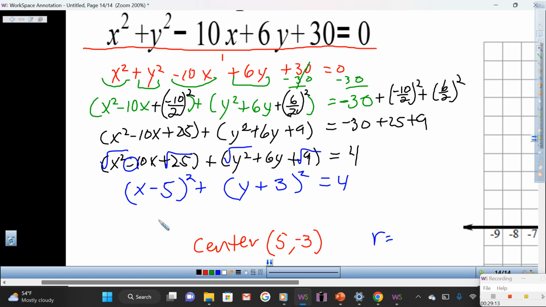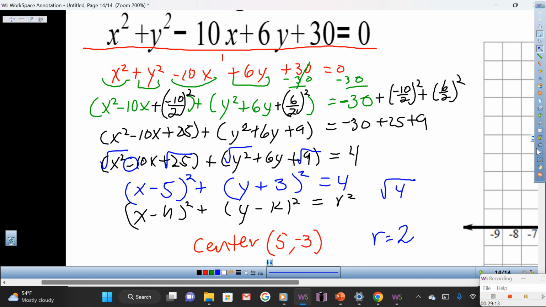If you don't see it, let me write the general rule underneath. And the radius is not 4. What do we need to do to the 4 to get the radius? Square root, right? Because 4 is r squared. So square root of 4 is 2.